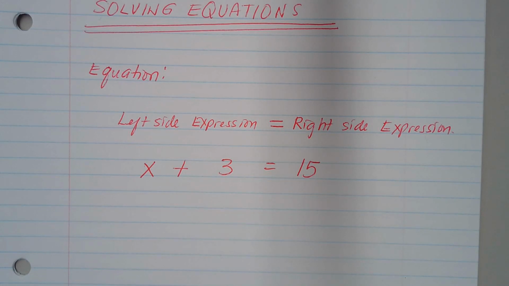Okay? So we're looking for a number to replace the x so that the left side balances with the right side. Now, I know this is easy. You probably already have a number in your mind. Anybody want to say what number that is?